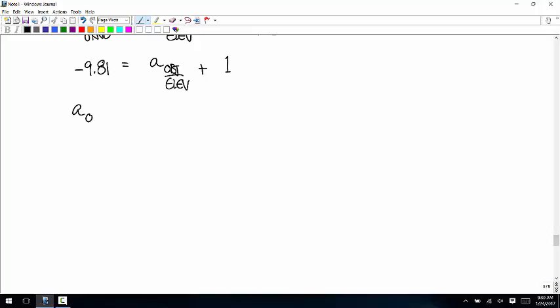So rearrange these and you see that somebody watching on the elevator, or a camera on the elevator that's measuring this, sees an acceleration of negative 10.81 meters per second squared. So to somebody on the elevator, the fall of this thing looks funny because of the acceleration of the elevator.